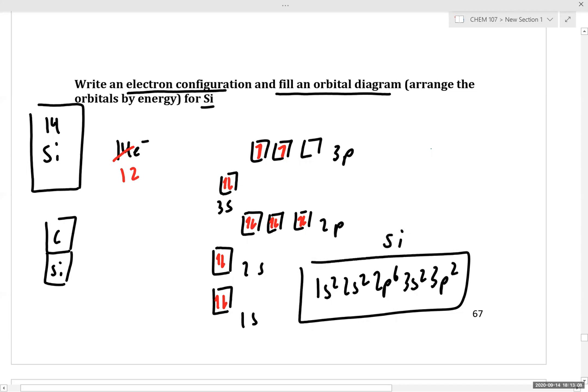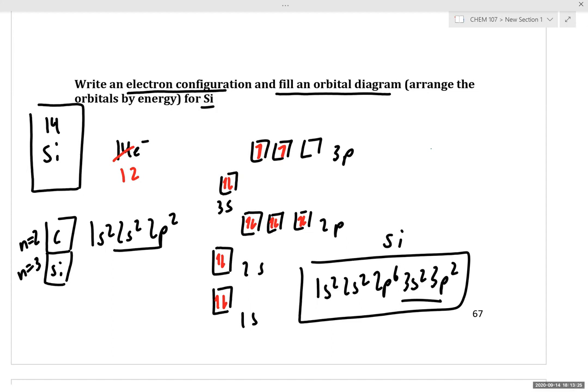I'd like you to compare that to the configuration for carbon. Notice how the only thing that has really changed in our configuration is we're now in a larger shell.